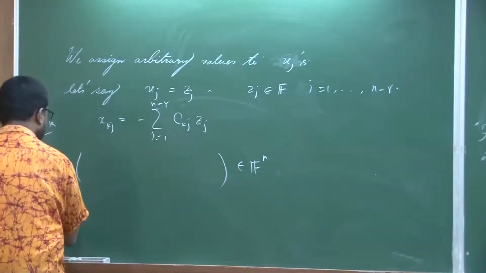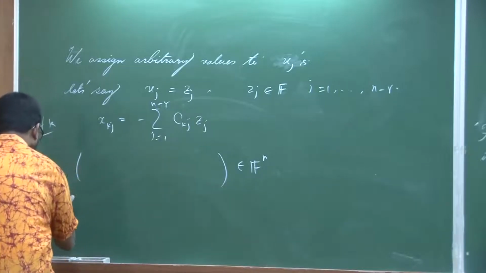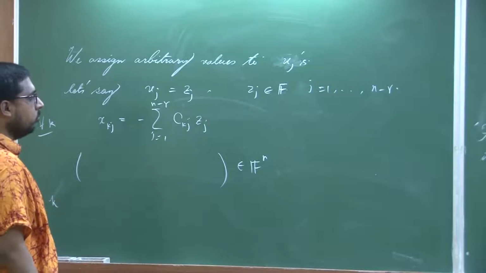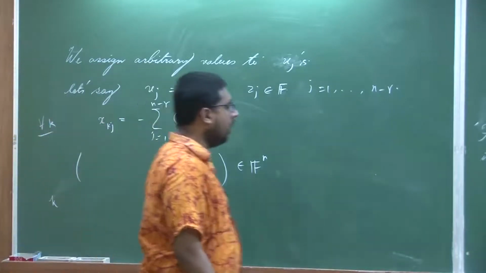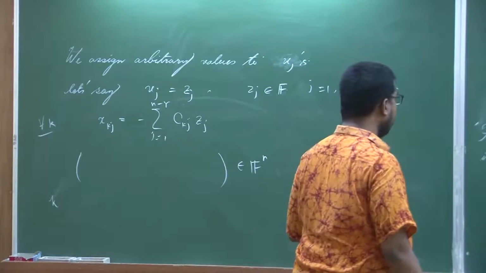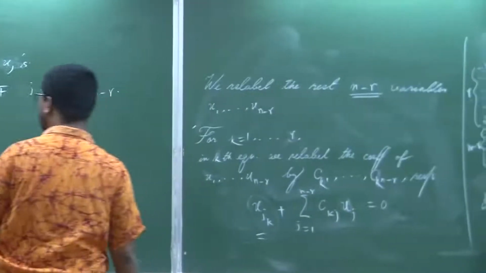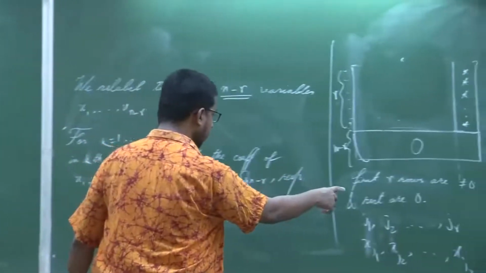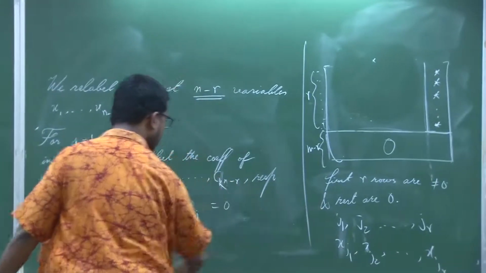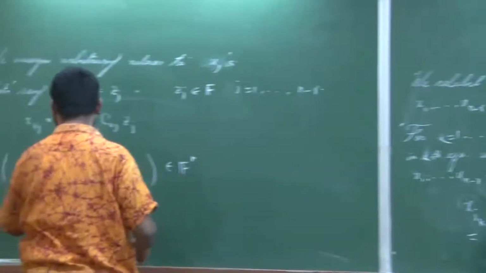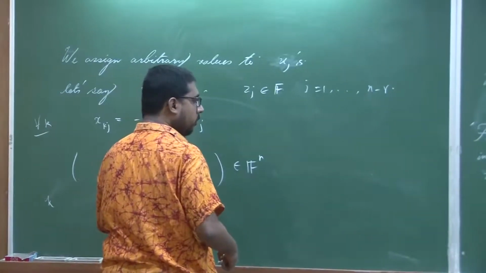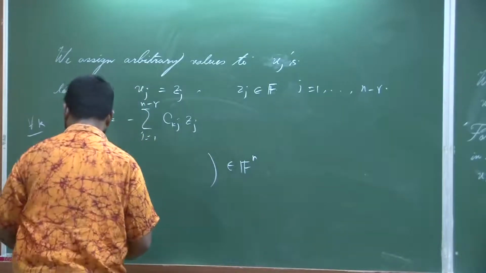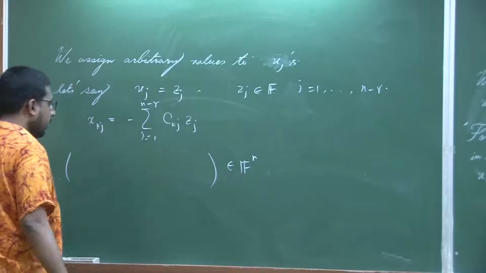If I want to know the kth coordinate, with k from 1 up to r, there will be r coordinates here which will come from the equations, and the rest of them will be free.